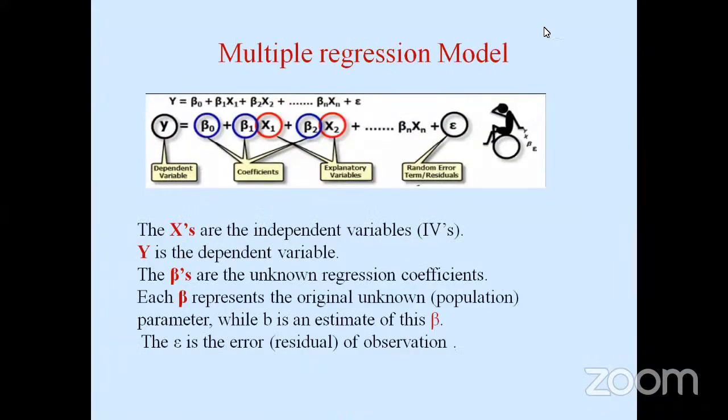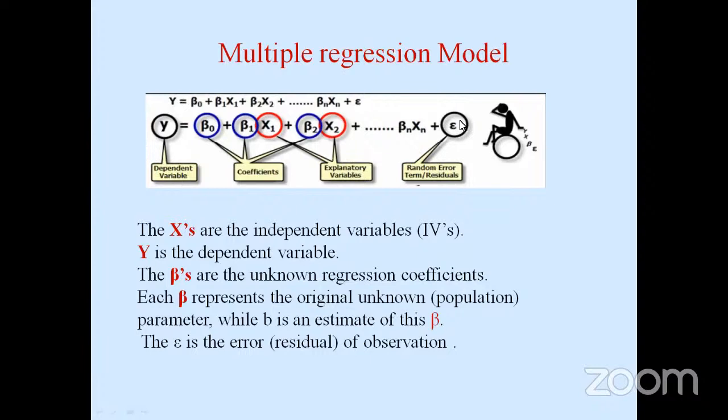So the multiple linear regression equation generally looks like this. Here, as I said, this will be the independent variable. This is beta naught. Beta naught is a constant, and we can call it an intercept also. Beta 1, beta 2, up to beta n, all these are coefficients of the explanatory variables. This is called an error term.